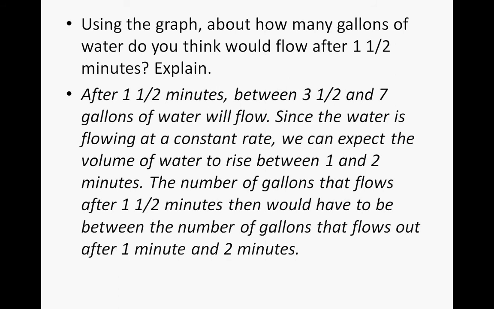So after 1.5 minutes, between 3.5 and 7 gallons of water will flow. Since the water is flowing at a constant rate, we can expect the volume of water to rise between 1 and 2 minutes. The number of gallons that flows after 1.5 minutes then would have to be between the number of gallons that flows out after 1 minute and 2 minutes.